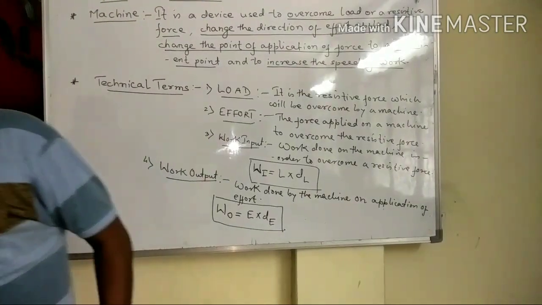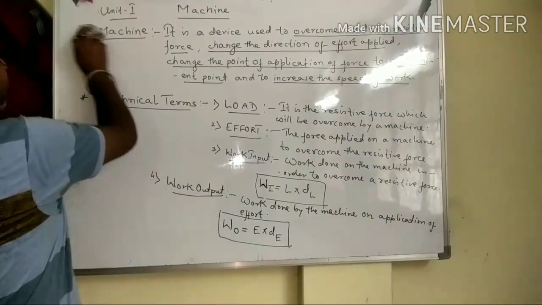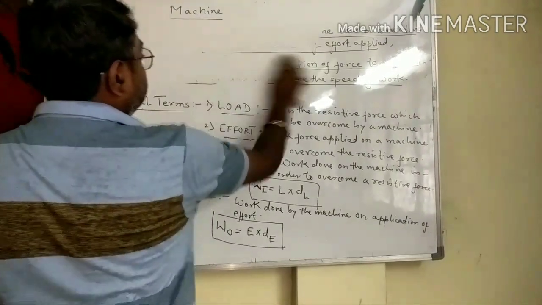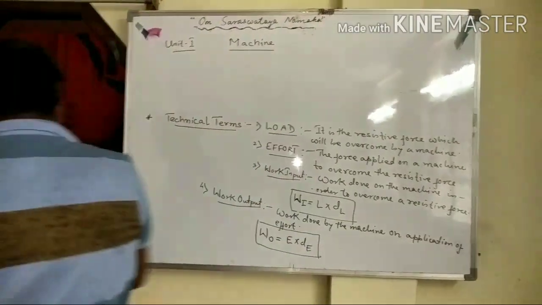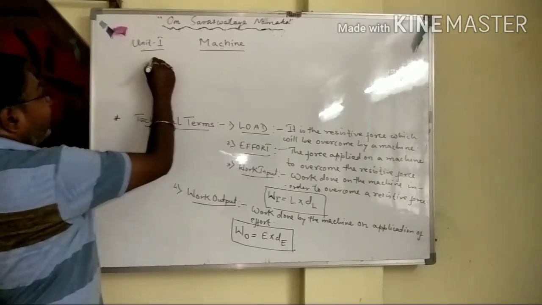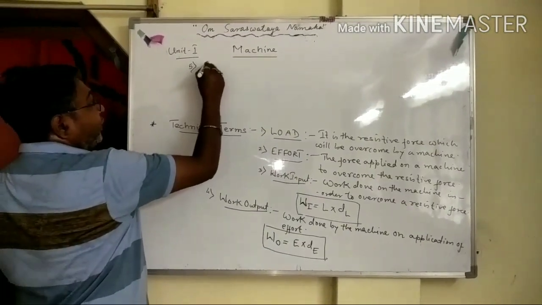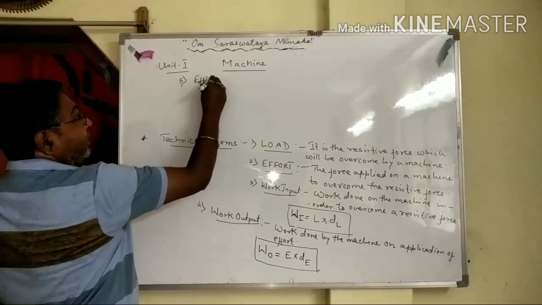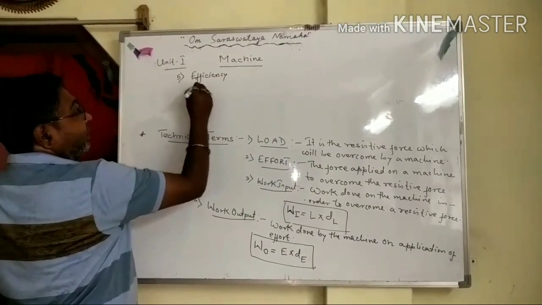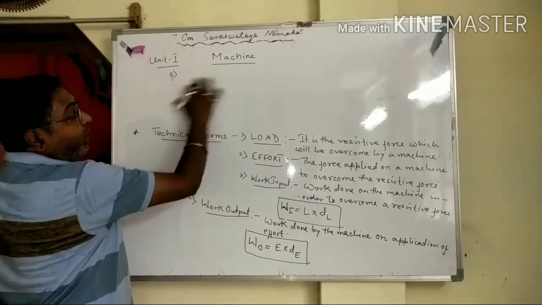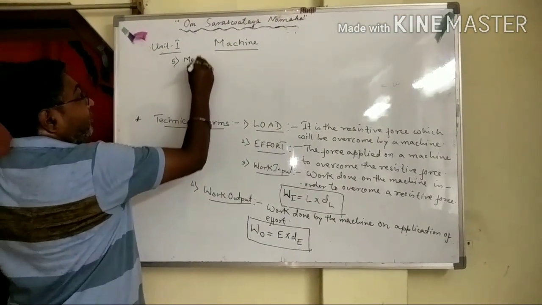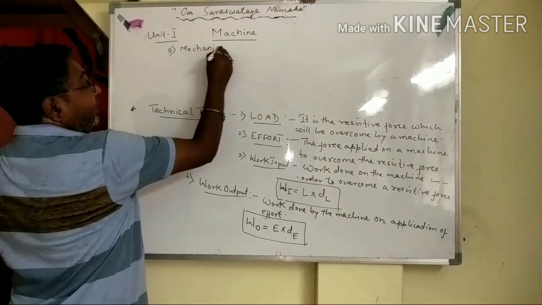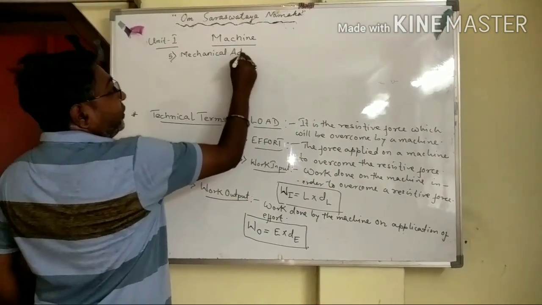Now I am rubbing the upper portion. The next definition, number 5, is efficiency. No, sorry, before that, before efficiency, you have to know about mechanical advantage.